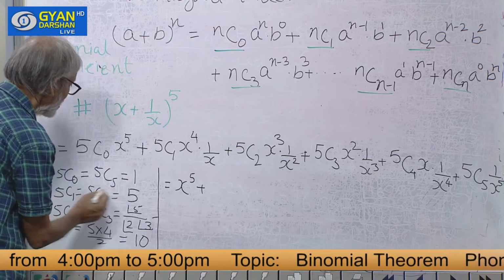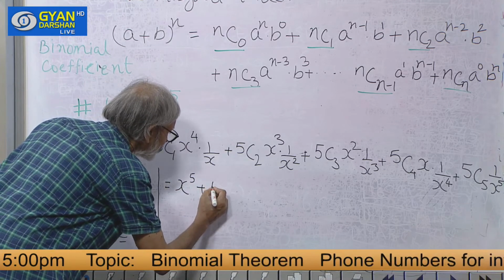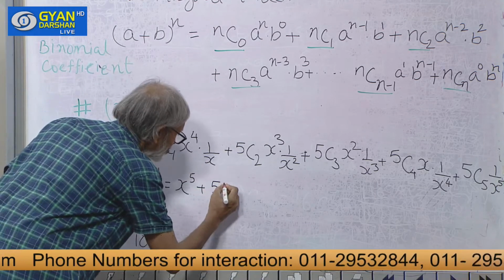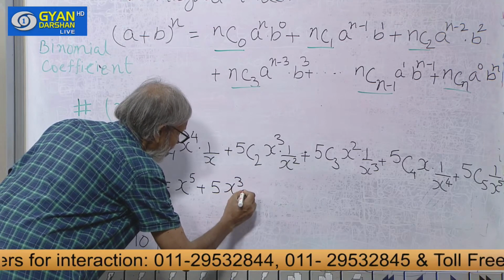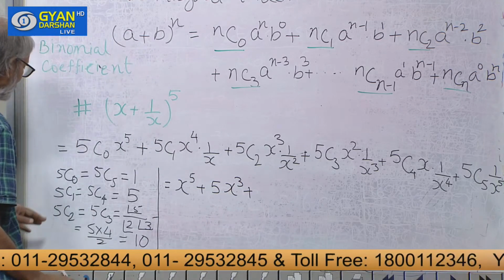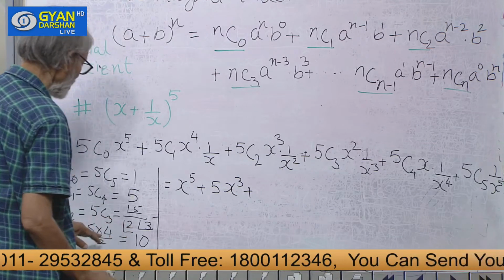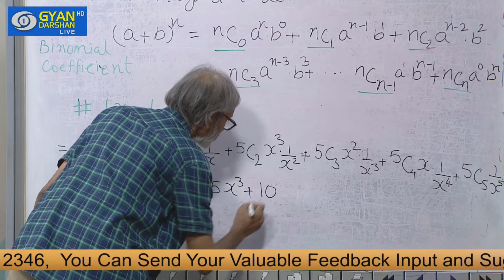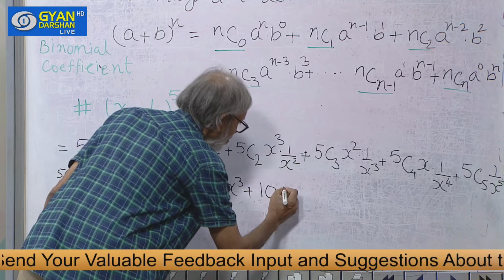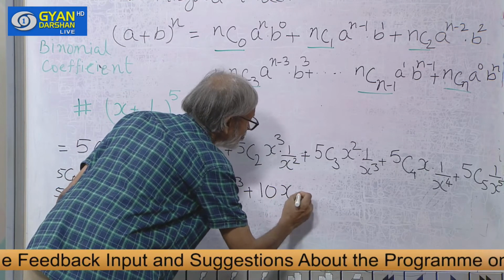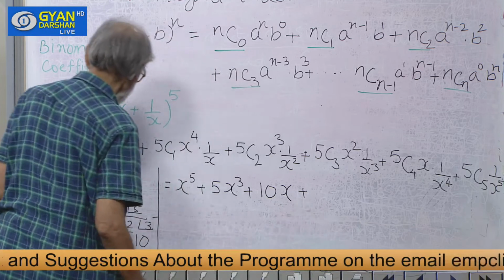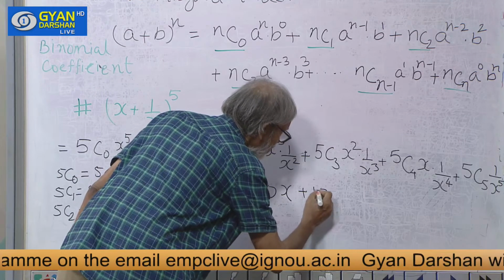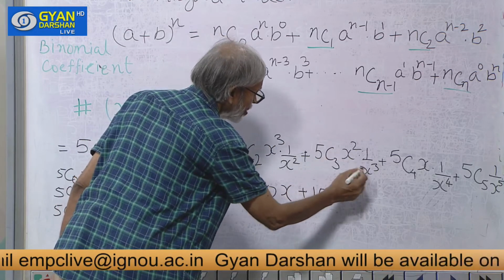Plus 5C1 is equal to 5 and x^4 divided by x. So, it will be 5x cube, plus 5C2 is equal to 10, x cube upon x squared, it will be 10x, plus 5C3 is equal to 5C2. So, it will also become 10, and x squared upon x cube.